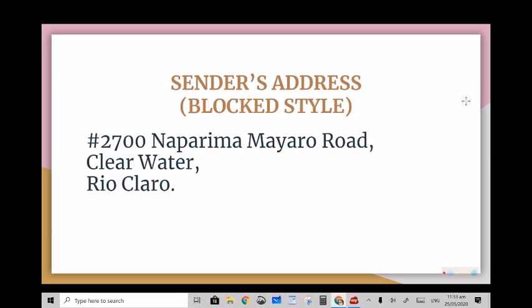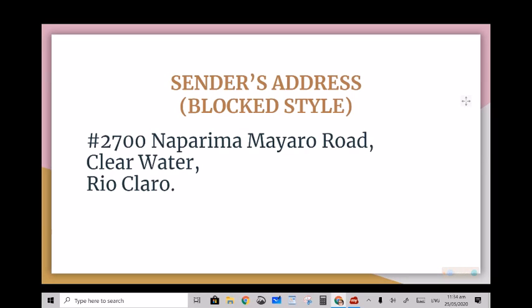So the first thing that you will have is the sender's address. I'm using this as an example. The sender's address here is number 2700 Naparima Mayara Road, Clearwater, Rio Claro. It is important to note that each element of the address is separated, and you should use punctuation in your separation, commas, and then finally a full stop.